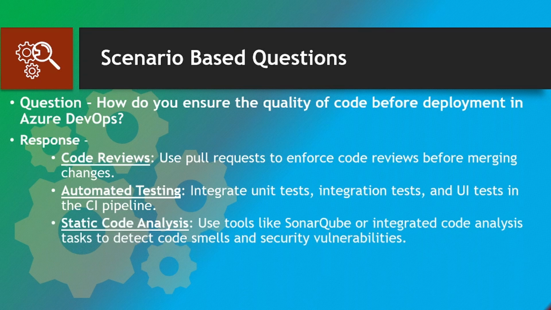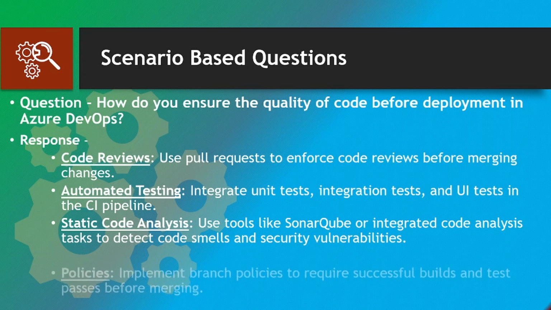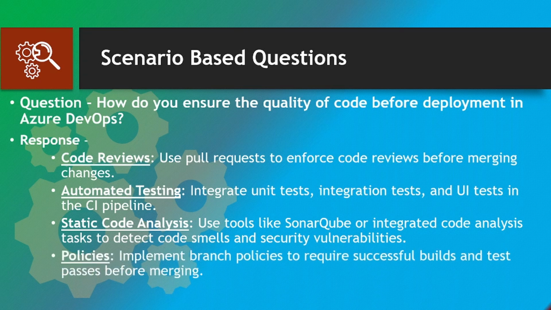Static code analysis. Use tools like SonarQube or integrated code analysis tasks to detect code smells and security vulnerabilities. Policies. Implement branch policies to require successful build and test passes before merging.